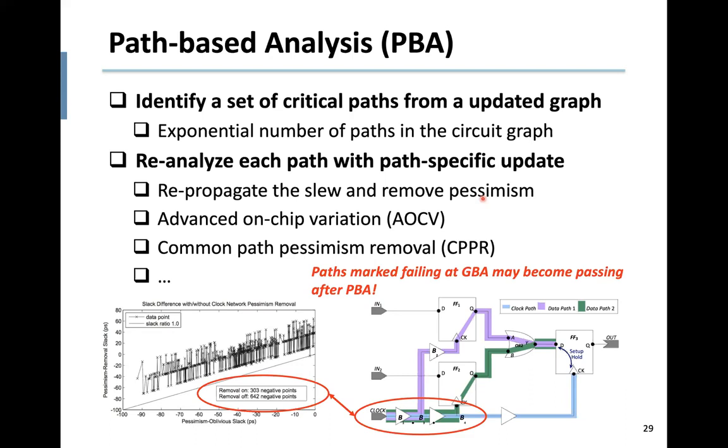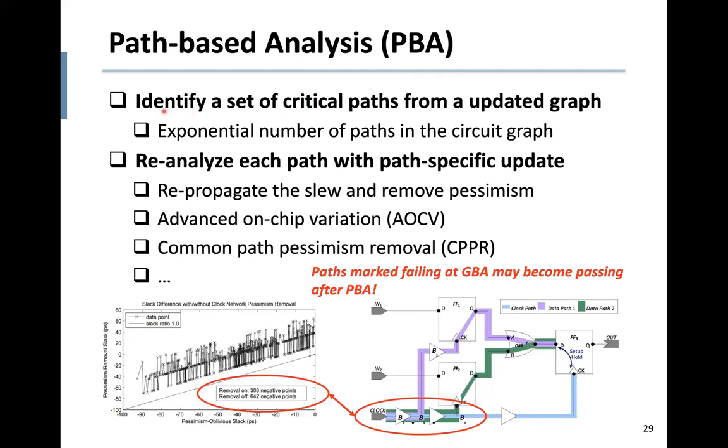So right now, as we described in the beginning, STA has two important steps, graph-based analysis and path-based analysis. Graph-based analysis outputs an STA graph with updated values, but the result is often too pessimistic because the graph-based analysis only considers the worst case and the best case delay values. To remove this pessimism, there is another step after graph-based analysis, and that is the path-based analysis.